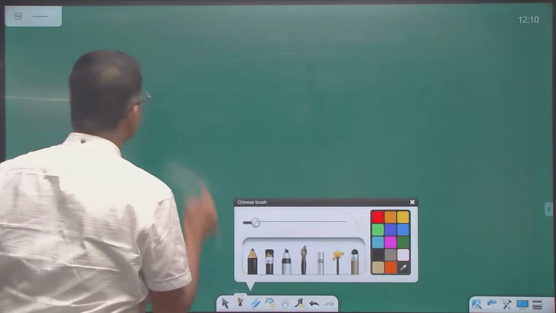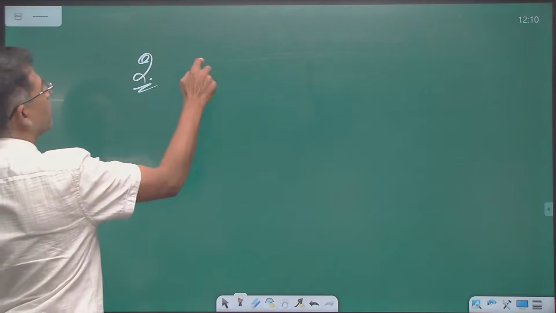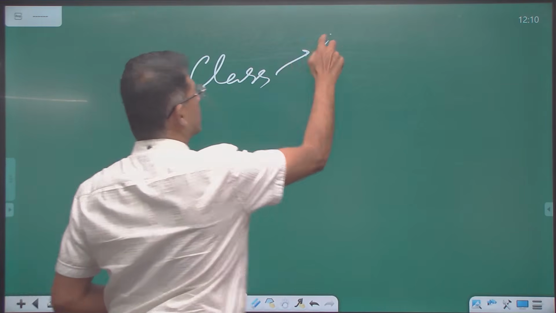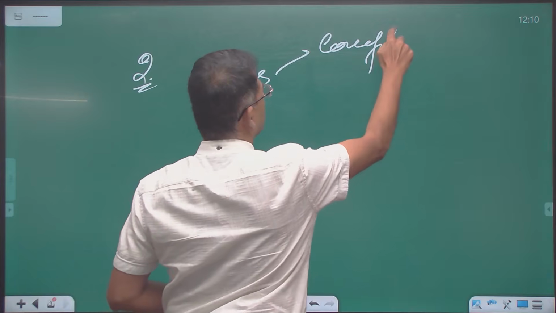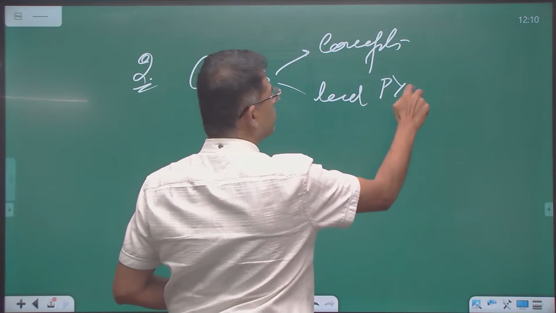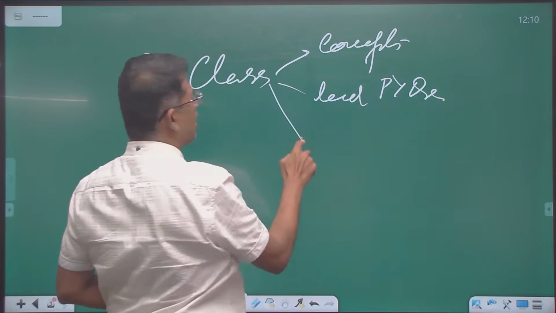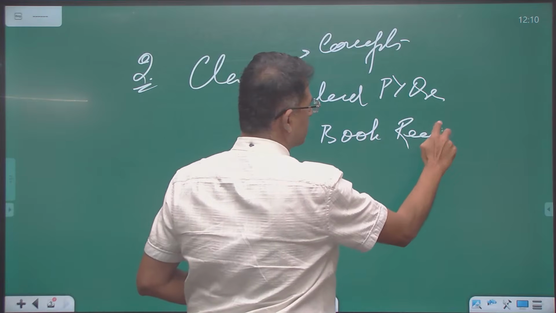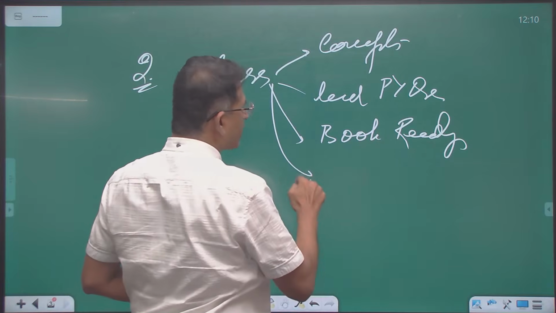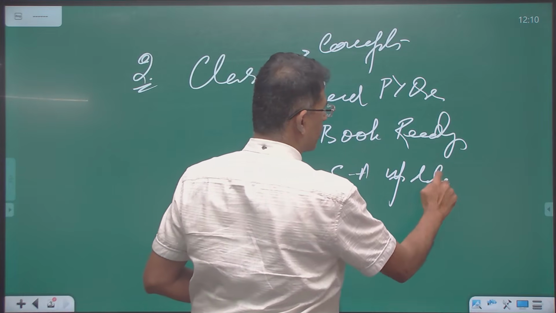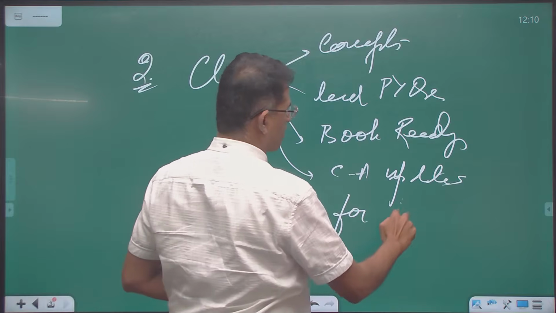Second, in class I will discuss the concepts. I will lead you to the PYQs. I'll help you with the book readings and whatever current affairs updates you will need for the topics.